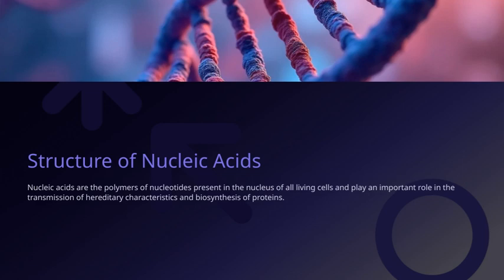This structural organization is key to their ability to store and transfer genetic information accurately. It also connects to the broader theme of how molecular structures underpin biological functions. Recognizing the structure of nucleic acids gives us insight into the fundamental processes of heredity and protein synthesis that sustain life.